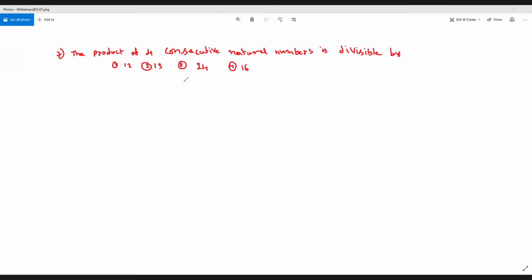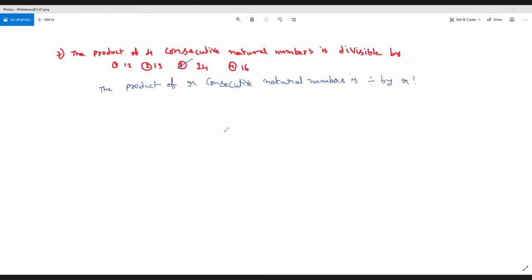4 factorial means clearly it is 24. Please write down: the product of r consecutive natural numbers is divisible by r factorial.